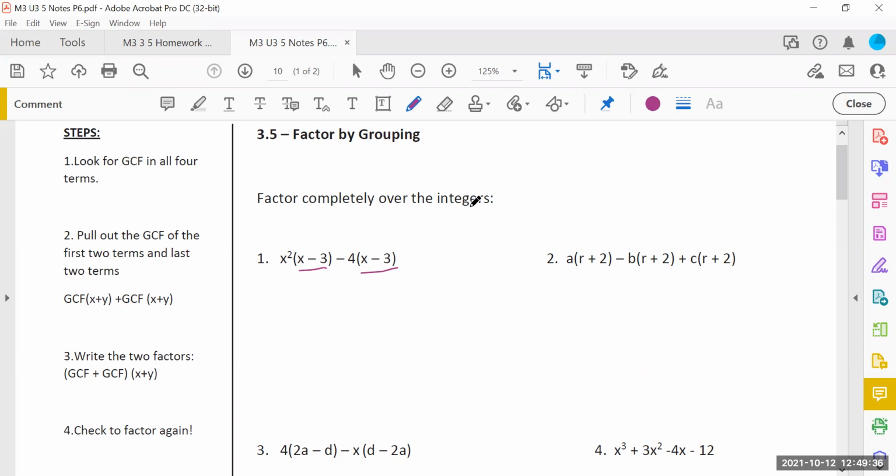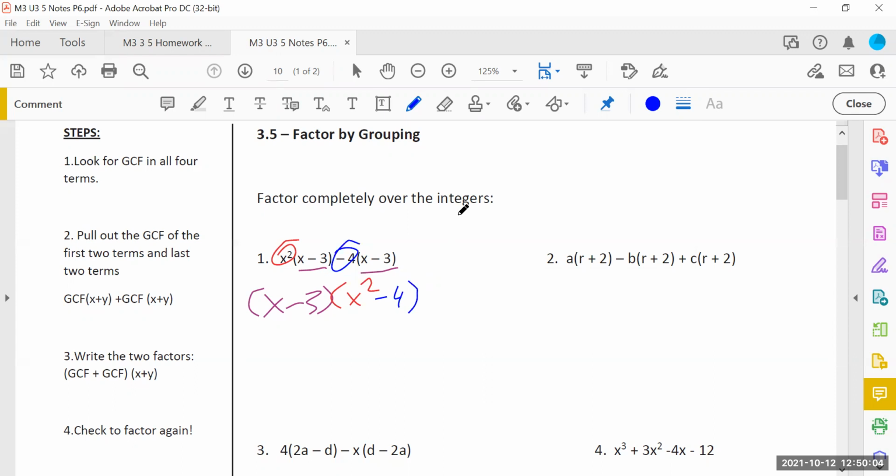So just like with any other GCF, I can factor something out that they have in common, even if it's a whole set of parentheses. Both of these have an x minus 3, so I'm going to factor that out and say x minus 3 here was multiplied by an x squared and by a negative 4. Does everybody see what I just did?